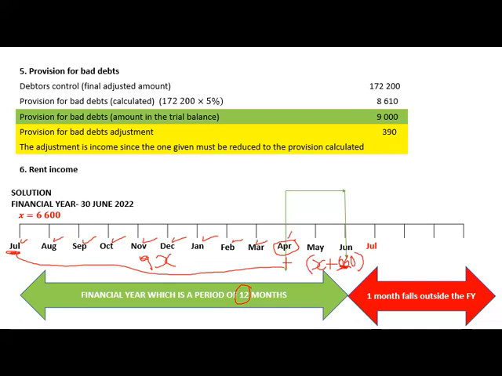It was that much for April, May, June, and July. So that will be 4 months. So when you add these two, they're supposed to give you your total rent, which is given in the trial balance. Let's see how much rent we have in the trial balance.